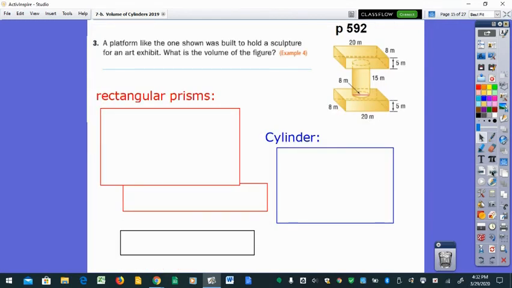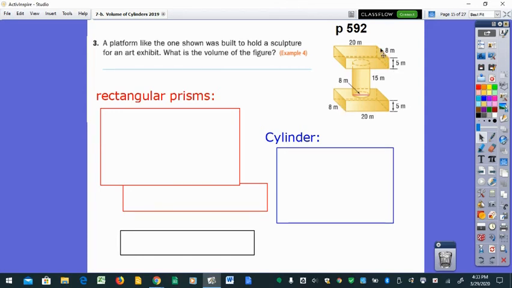Last one for today. So when I look at this shape, I have to break it apart, and I notice there's sort of like a box on the bottom and a box on the top. Those are rectangular prisms, and if you look at the dimensions, they're identical. Their height is 5, their width is 20, and their length is 8.